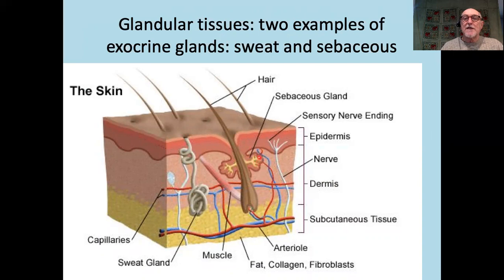These are sebaceous glands, and the sebaceous glands are associated with hair, and they release lipids and oils. Especially when we're teenagers, they're the bane of our life because they tend to overproduce oils, and they tend to clog the pore up and form a pimple.